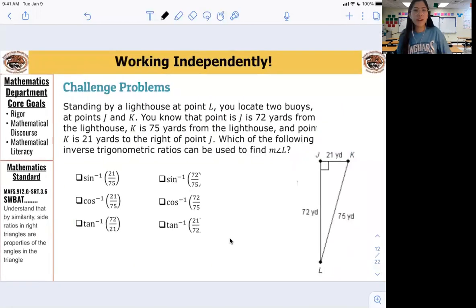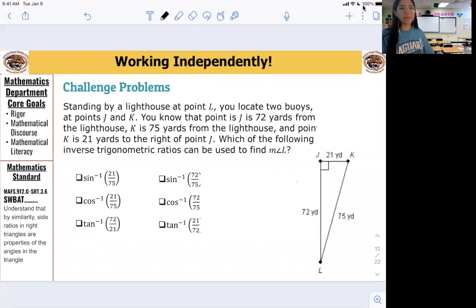All right. So here we go. Here's number 12. Can I have Alejandro Rios start us off and read this problem, please? Standing by the lighthouse at point L, you locate the two buoys.